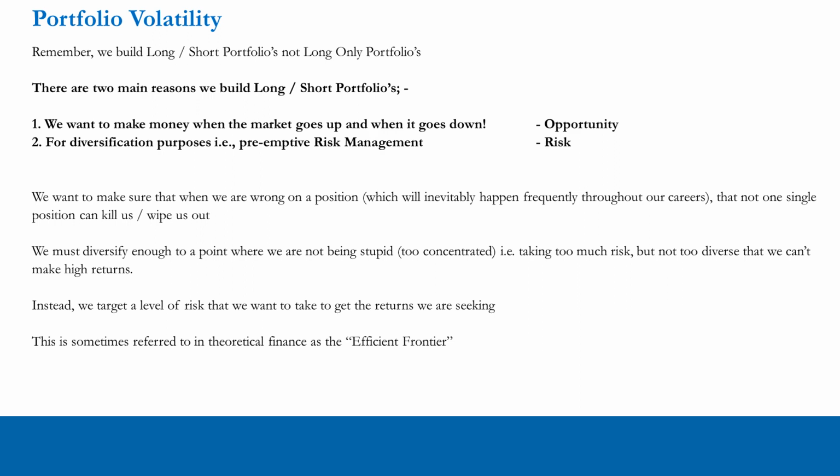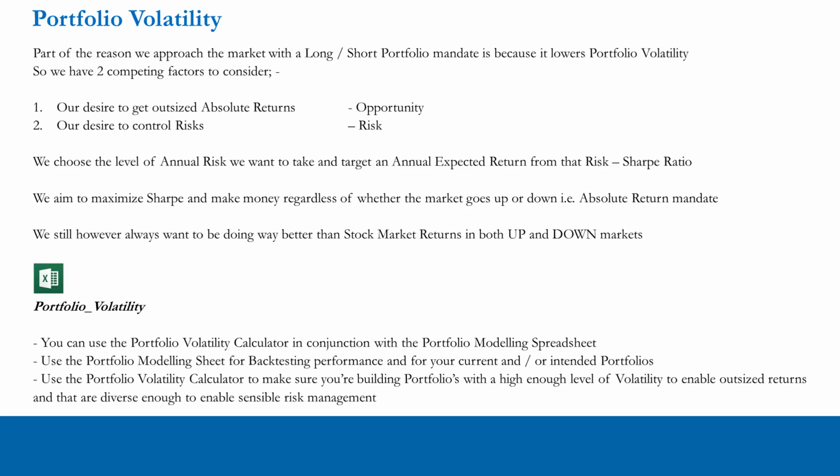When it comes to portfolio volatility and what we require as traders and portfolio managers, part of the reason that we approach the market with a long-short portfolio mandate is because it lowers portfolio volatility. So we always have two competing factors to consider. We have our desire to get outsized absolute returns, our desire for opportunity, but we also have our desire to control risks. So our desire to make sure that we're not being reckless.